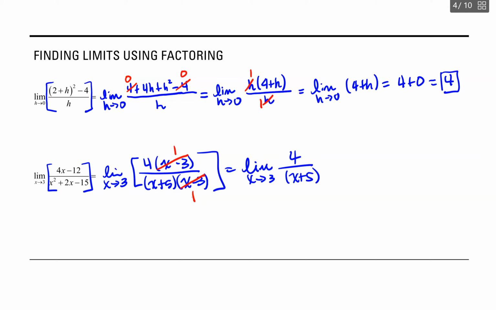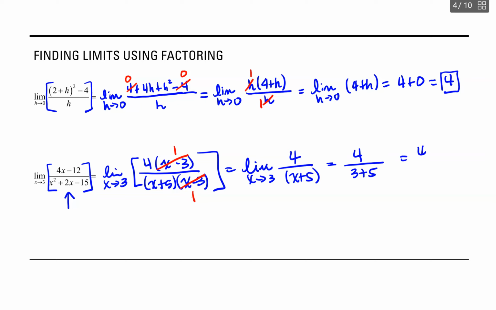Now looking at that, it's in fairly simplified form. It looks like I could now answer the question about how my original function behaves as x approaches 3. As x approaches 3, the numerator doesn't change because it's a constant. As x approaches 3, my denominator will approach 3 plus 5.